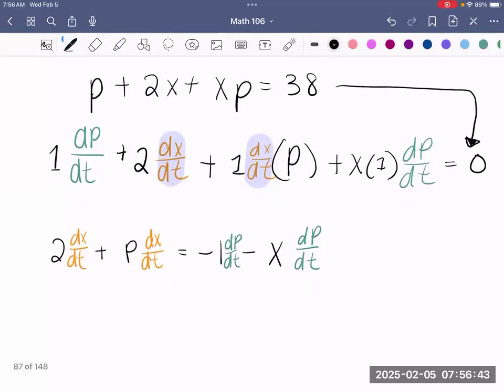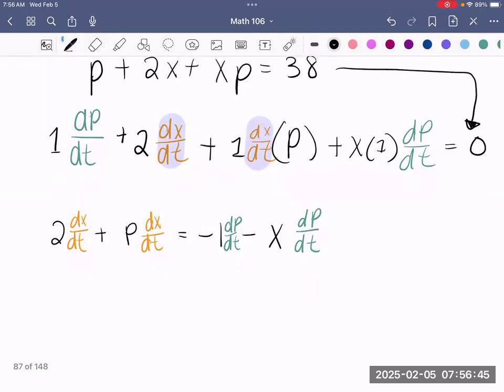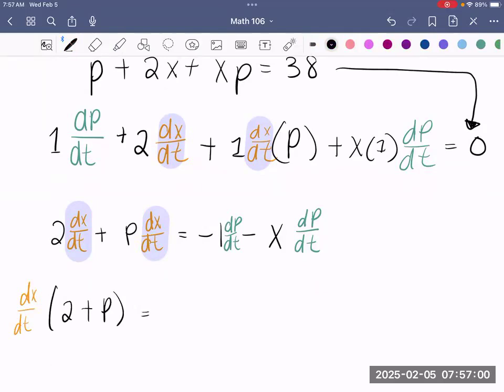There we go. Now let's go ahead and solve for dx dt over on the other side by factoring it out. We should get 2 plus p here. And on the other side, you don't have to factor it out by any means, but if you'd like to, that's something that I would say try to simplify here. I would take out a negative and take out my dp dt so that you could have just x plus 1 over here.